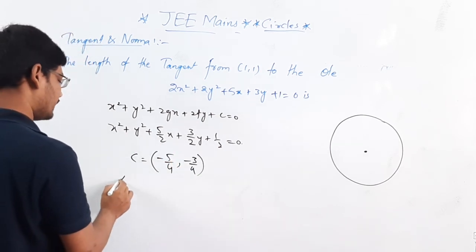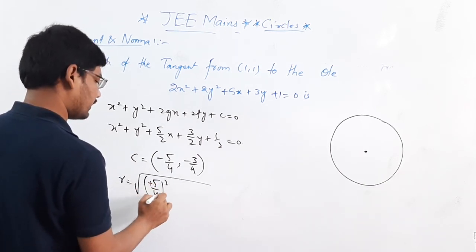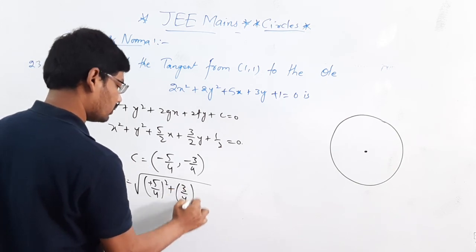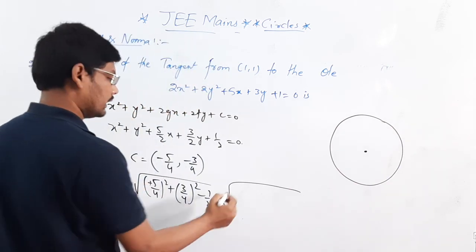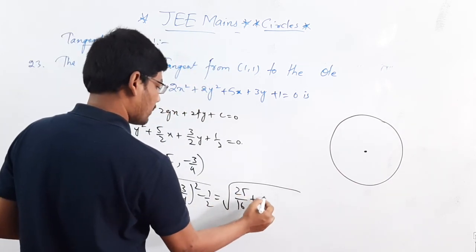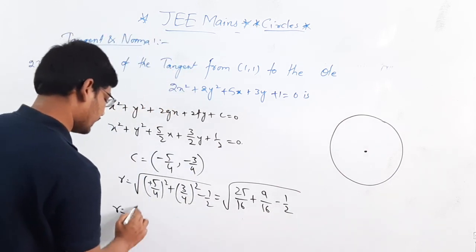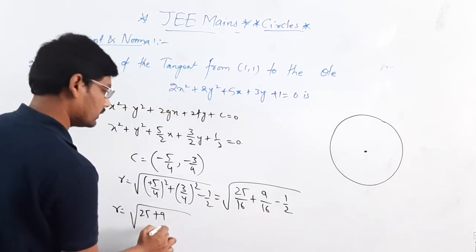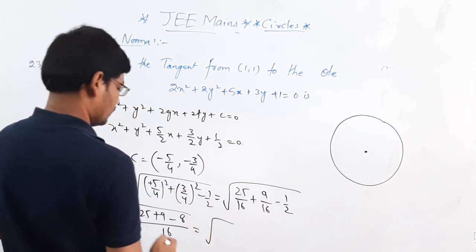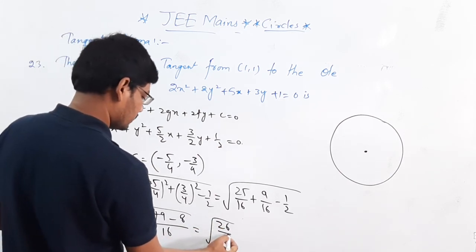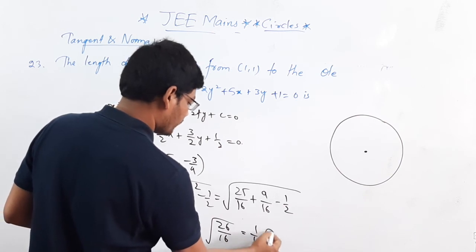Center we got. R is equal to how much? Square root of (5 by 4) whole square plus (3 by 4) whole square minus 1 by 2. If you solve this, 25 by 16 plus 9 by 16 minus 1 by 2. If we take LCM, R is equal to (25 plus 9 minus 8) by 16, that is nothing but 26 by 16. So R is 1 by 4 of root 26.